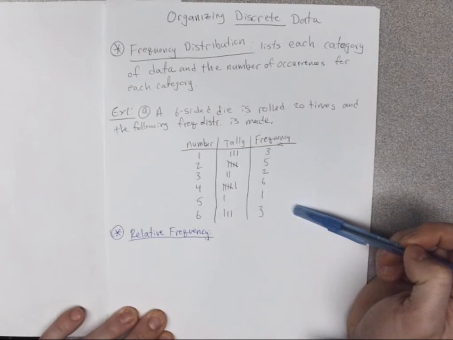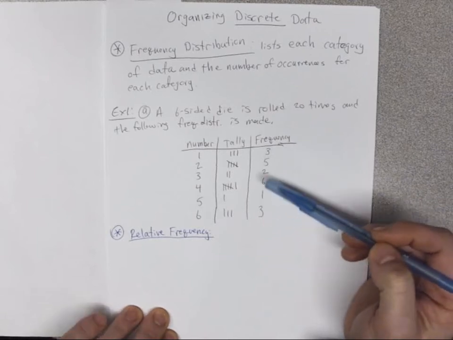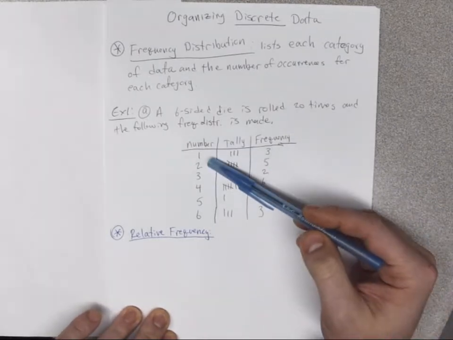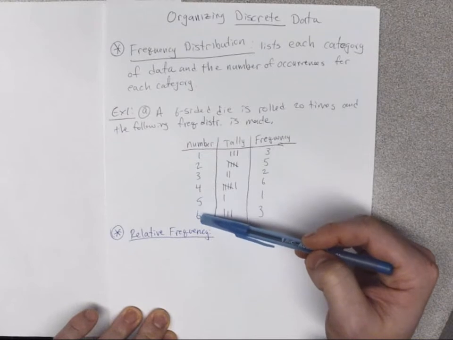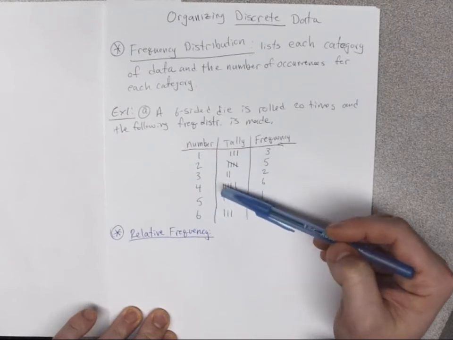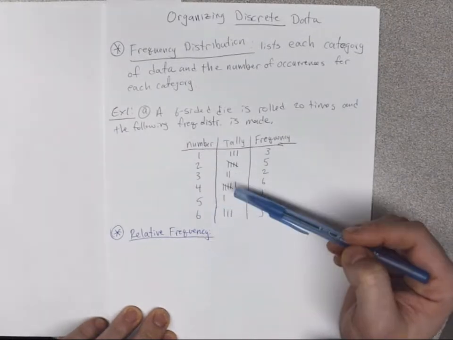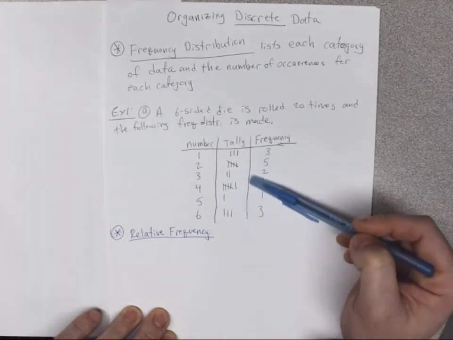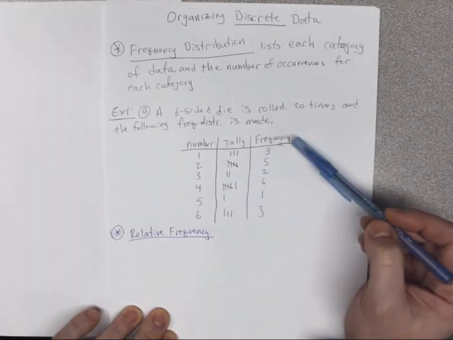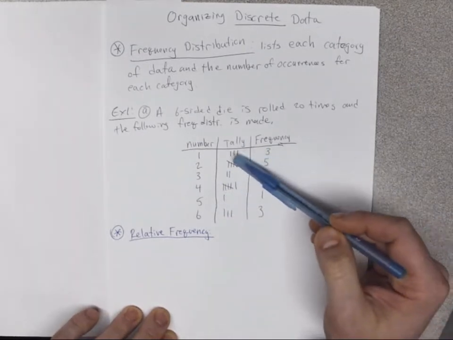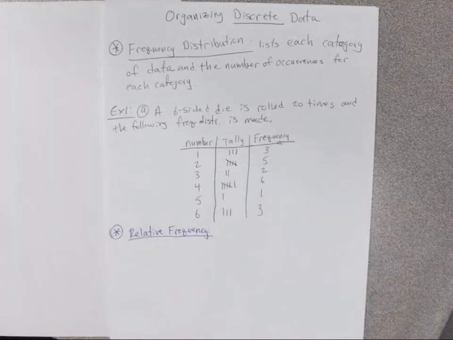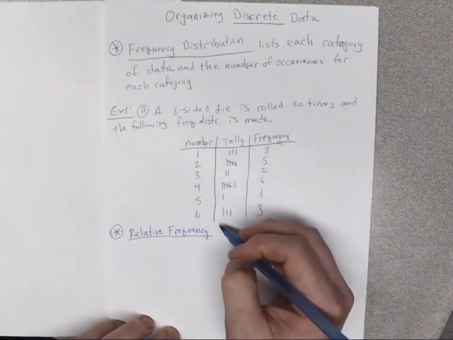What percentage of time? We know that when we roll a die there's a 1 in 6 chance of rolling any one of these numbers. But here, when we're talking about relative frequency, we're taking this sample that we have and converting that into the probability, or the frequency, that it was rolled.